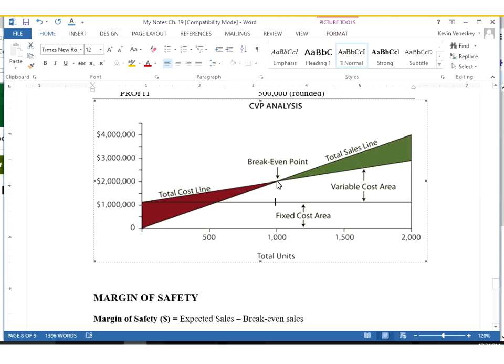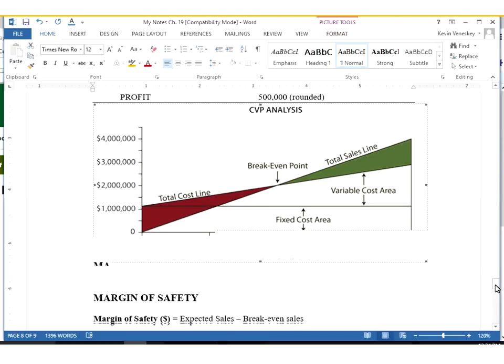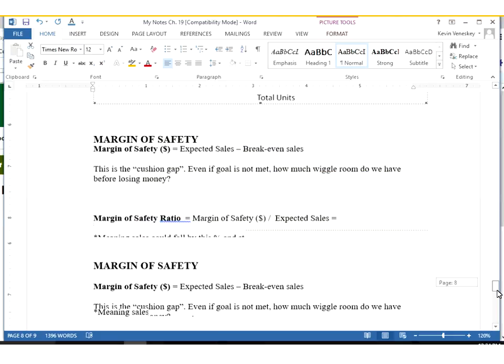But if I sell 1,000 units or thereabouts, I'm going to have a cost of about $2 million and sales of about $2 million. And then, as you can see, the costs continually keep on a very even pace. I'm covering more fixed costs per item, while my variable cost still does go up the same amount. But the key is you're covering your fixed costs.